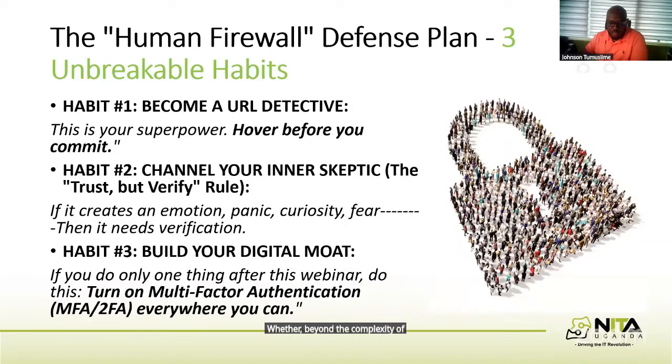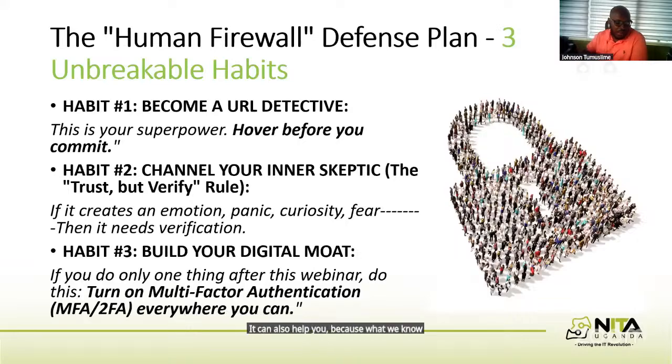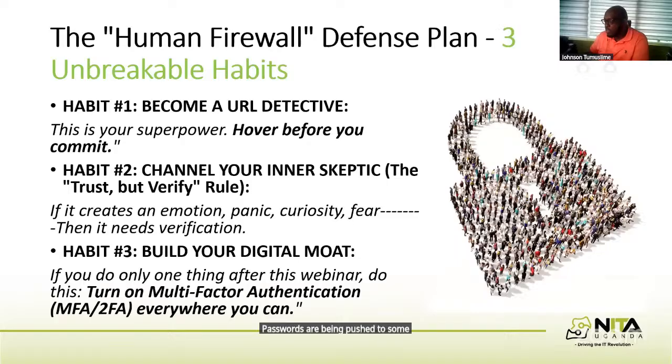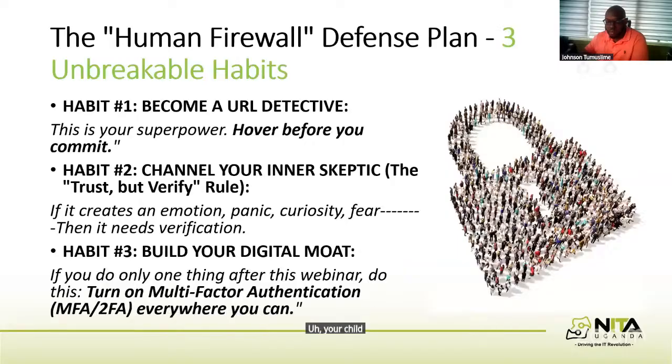Beyond the complexity of passwords, if you have another factor of authentication, it can also help you. Because what we know is passwords can be cracked, and besides being cracked, usually they're exposed or saved. You can have a keylogger running on your machine and not know, and your passwords are being pushed to some database. Or someone can see you enter your password at work, or your child can be playing with your phone.